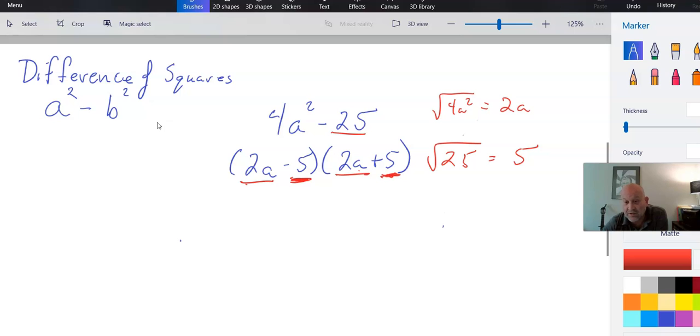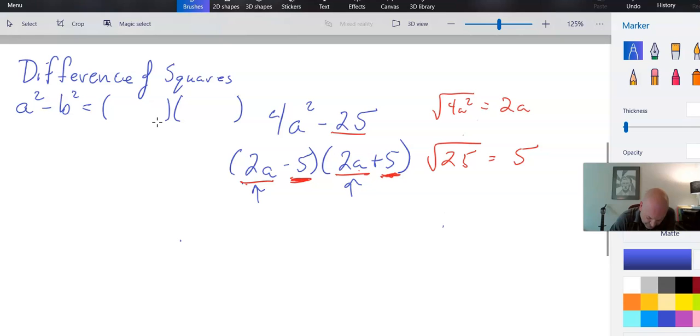Now, it actually turns out that this is always true. And so we can use that to write out a pattern that we can use every single time. So if I have a squared minus b squared, let's look at what we noticed. The first term of each factor is the square root of the first term here.